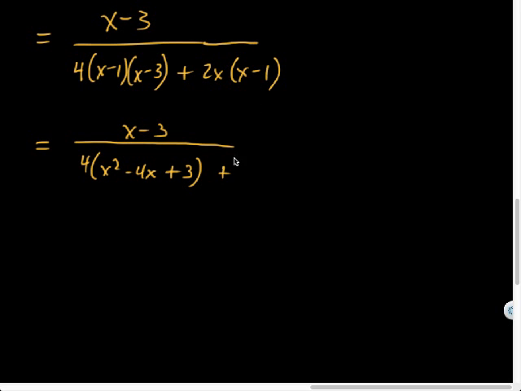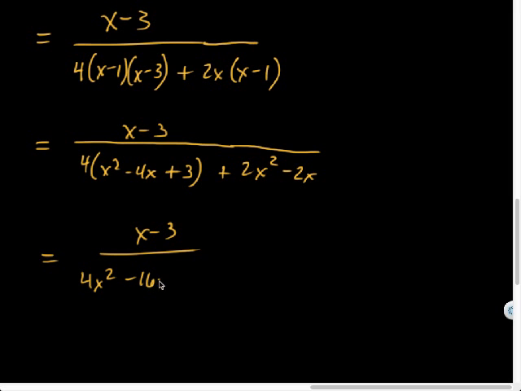Plus, if I distribute this is going to be 2x squared minus 2x. Man, it's a good thing we're awesome with polynomials these days. X minus 3 over. Here we go. I can distribute this 4 to all of its buddies. So that's 4x squared minus 16x plus 12 plus 2x squared minus 2x.